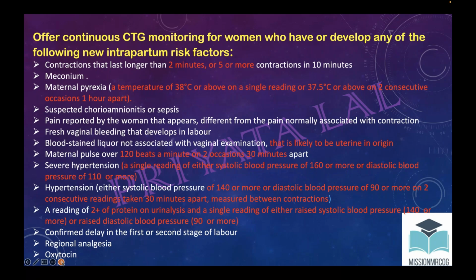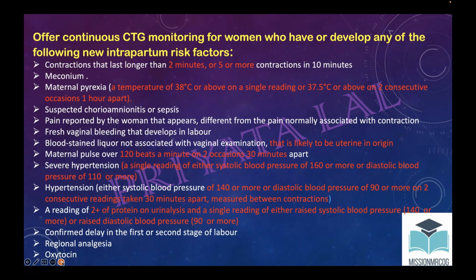And if it is more than 5 contractions in 10 minutes, normally there should be 4 to 5 contractions, but if it is 5 or more than 5, then again CTG. Meconium, we already know, the patient is to be put on CTG monitoring. Pyrexia, like either one time the patient has 38, or two times 37.5 degrees Celsius.